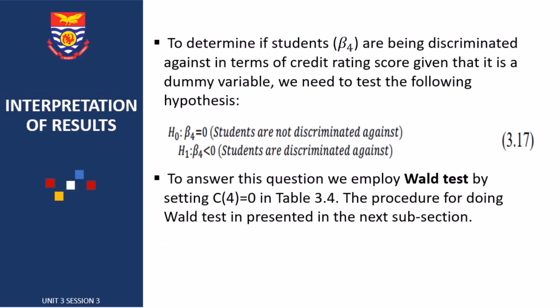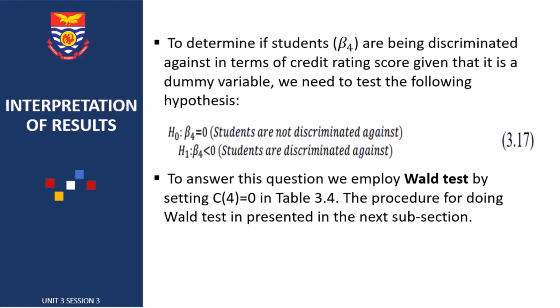It is important to understand that in our earlier interpretation of our regression model results, we had student as a parameter, that is beta 4, which is a categorical or dummy variable. Interpretation for a dummy variable will be different from that of the other variables.